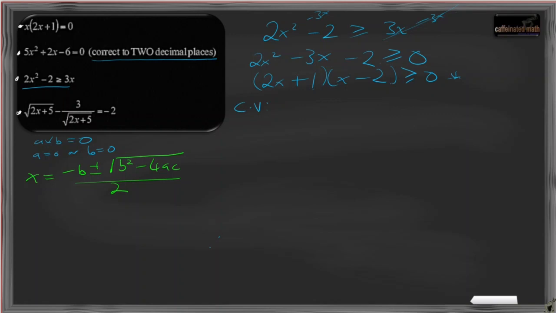These critical values tell us where this inequality equates to 0, or from a graphical perspective, where the parabola crosses the x-axis. Because this is quadratic, you can see in standard form it does translate into a parabola or quadratic function, if you will. Well, there we have our critical values, from solving those two simple linear equations.